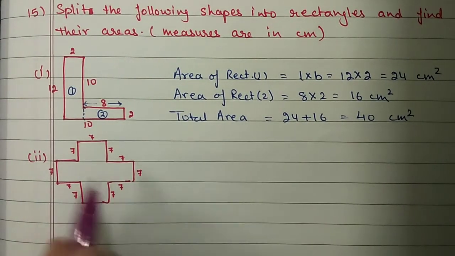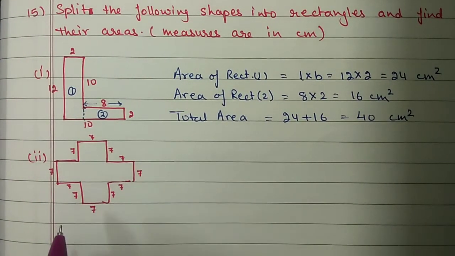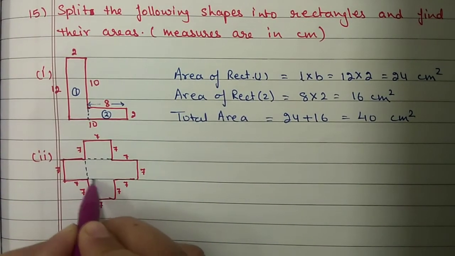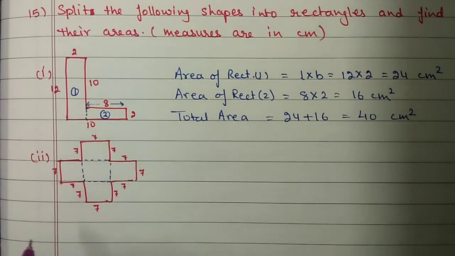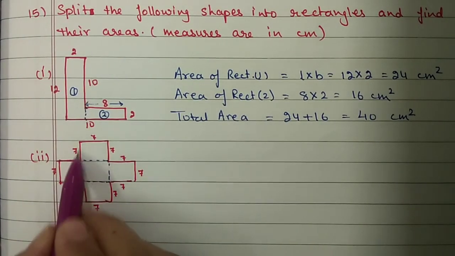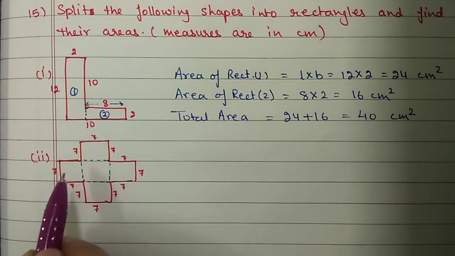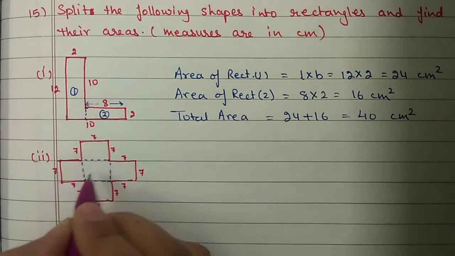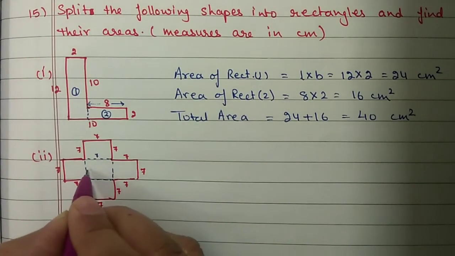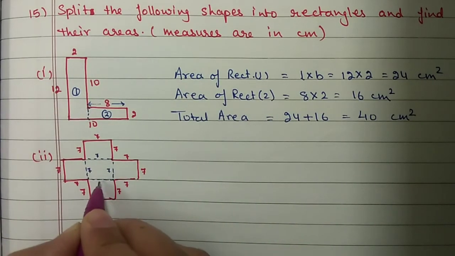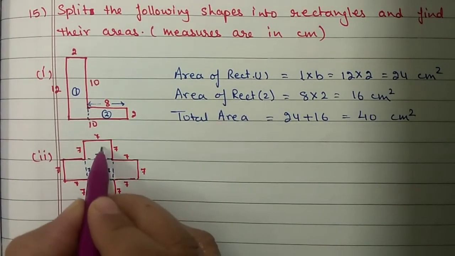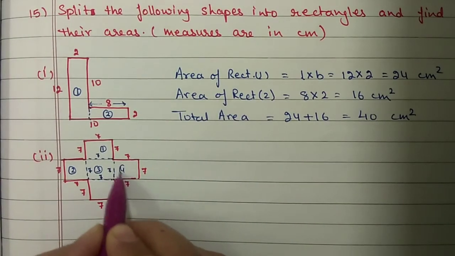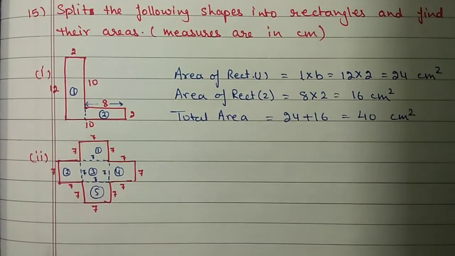Second figure, you can see here all the dimensions are given 7, 7, so we can split it like this. And you can see this is one square, 7 into 7, all the sides are 7. This is also a square, 7, 7. This opposite side also will be 7. So total we have 1, 2, 3, 4 and 5 squares here.